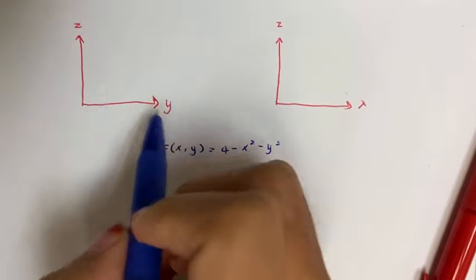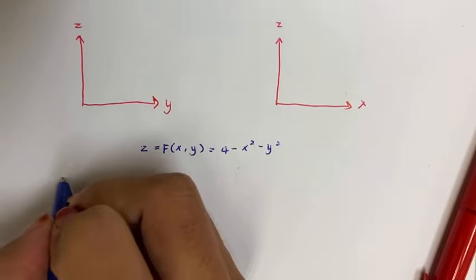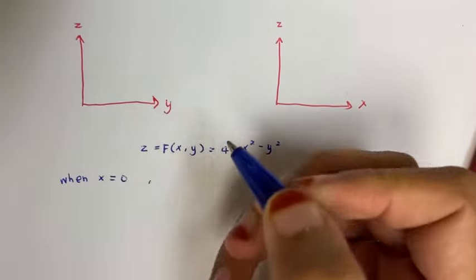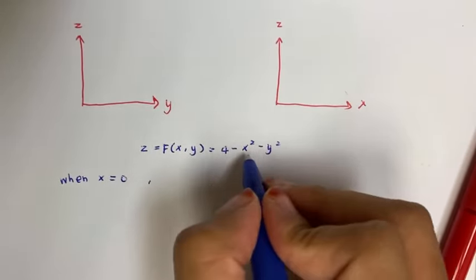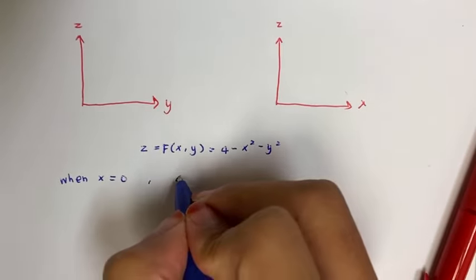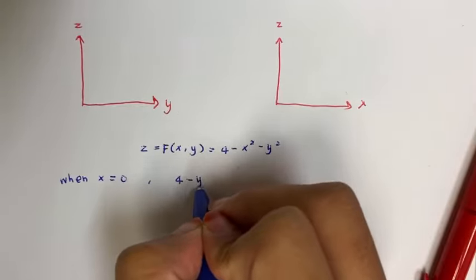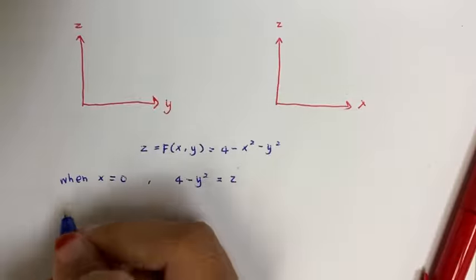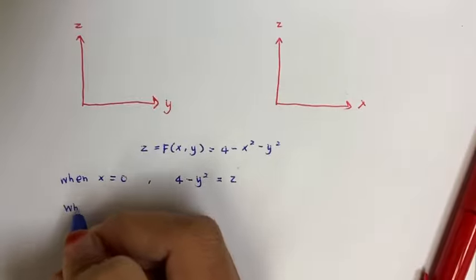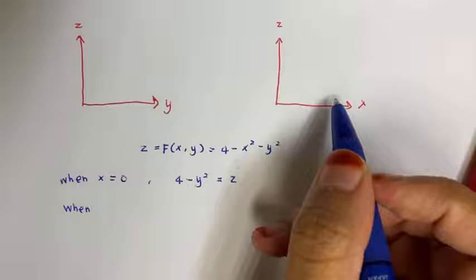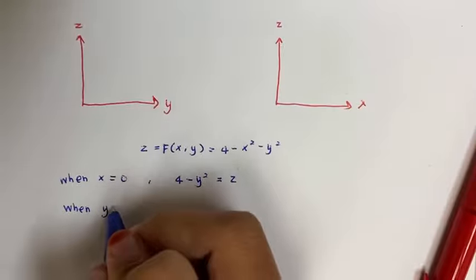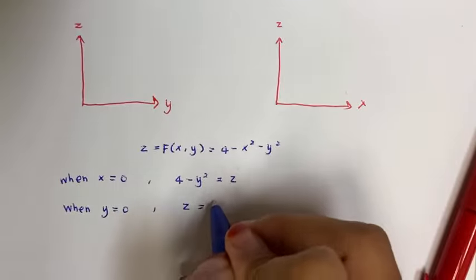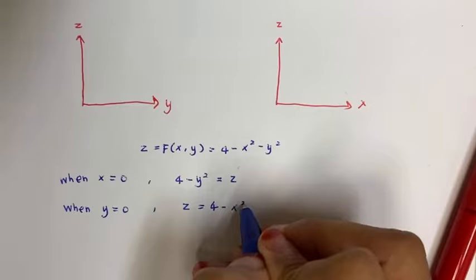For the zy plane, you need to consider when x equal to 0. So just substitute x equal to 0 here. So you have 4 minus y square equal to z. And then this one is for the zx plane. When y equal to 0, your z is equal to 4 minus x square.